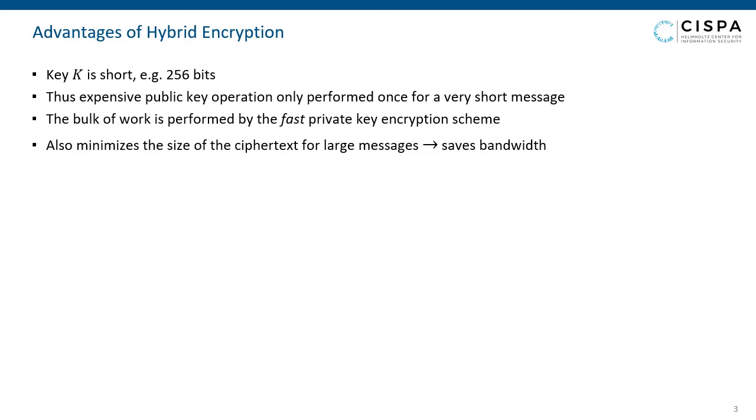Recall that in the modes of operation of block ciphers, the only additional information we have to send along is the initialization vector. So using hybrid encryption, we can also save communication bandwidth.